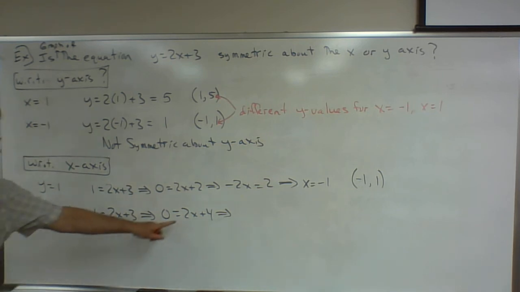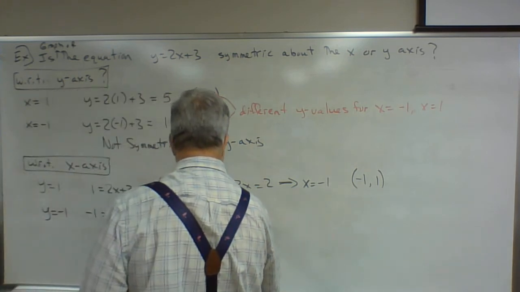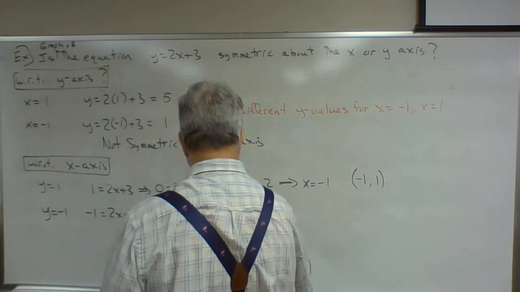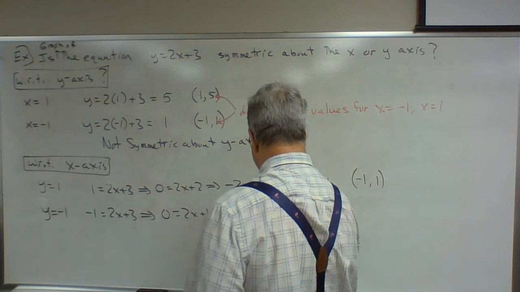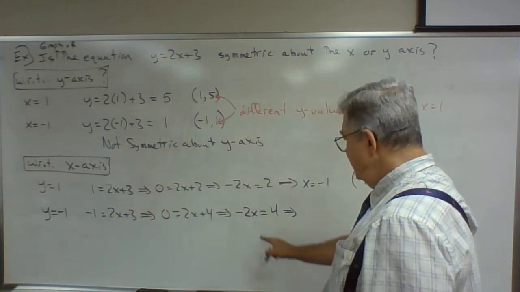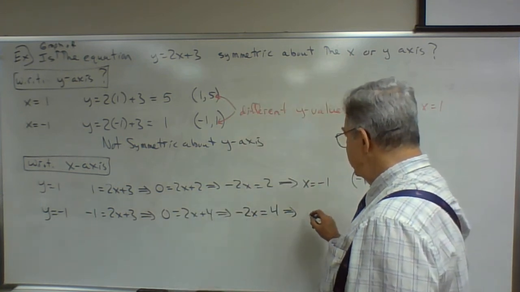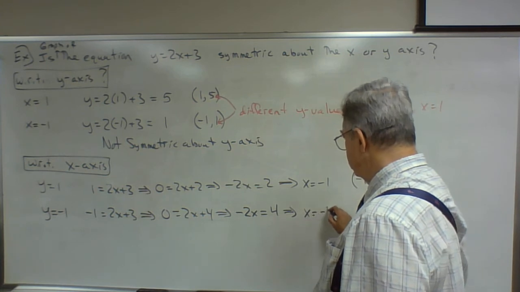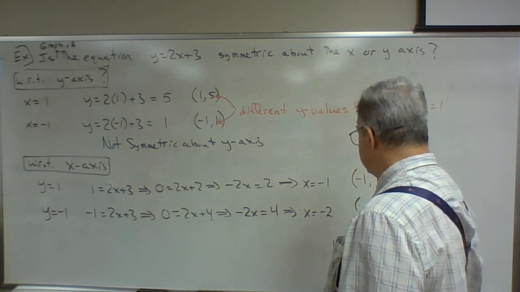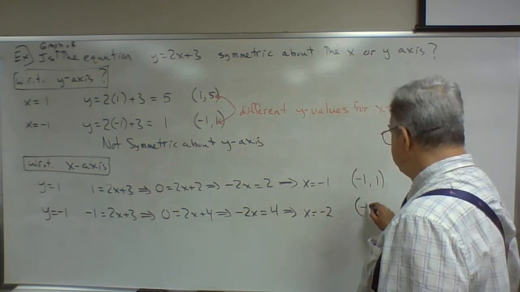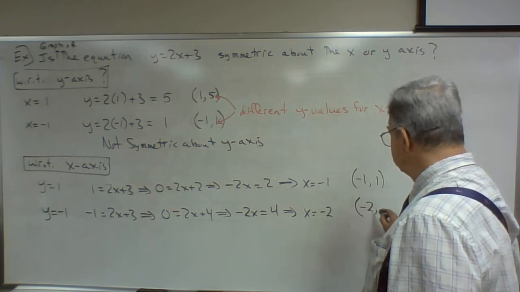And then I guess I'll move this 2x over to the left. And then I guess I'll divide both sides by negative 2. x equals negative 2 and y equals negative 1.